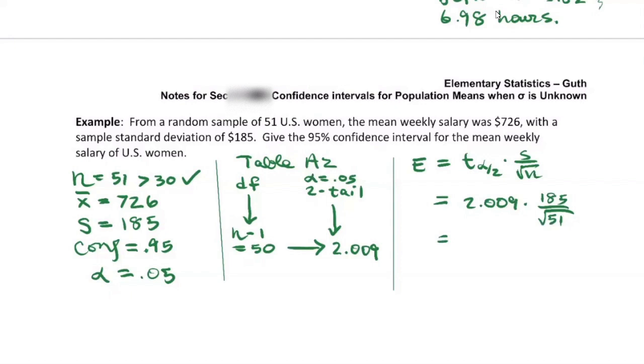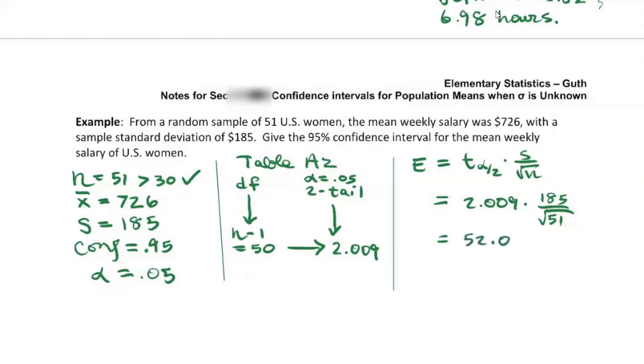Okay, checking everything. Looks like 52, I'm just going to say 52.0 because I'm going to do one more place.